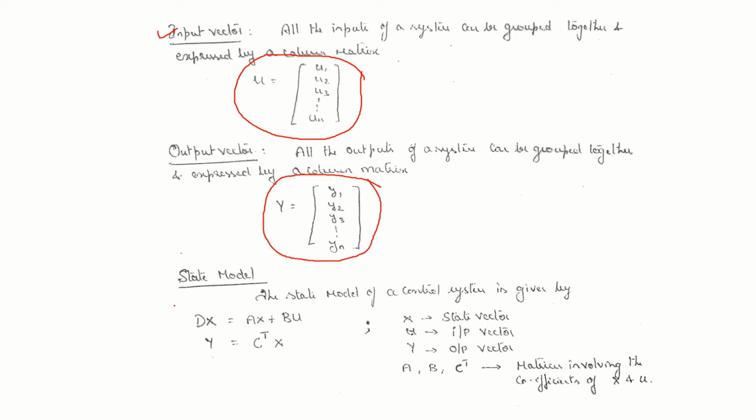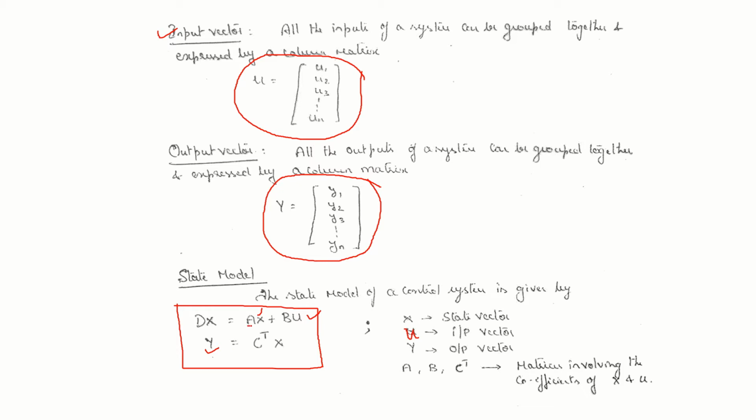So a state model is represented by Dx is equal to Ax plus Bu, y equal to C transpose x. Right, here x is state vector, u is input vector, y is output vector.